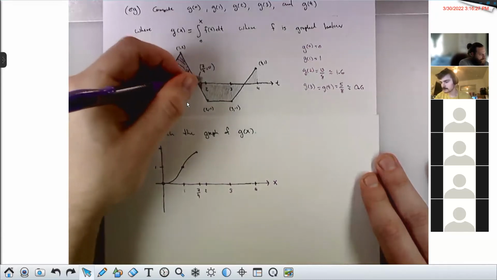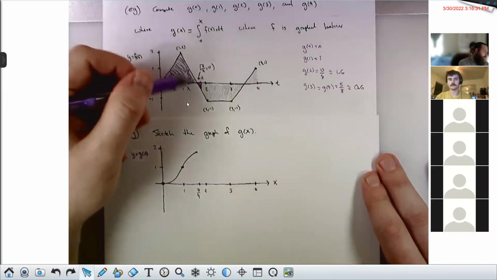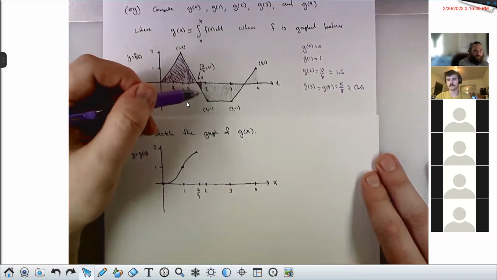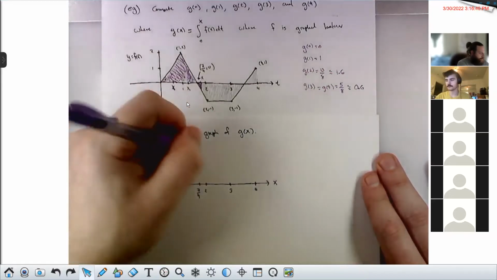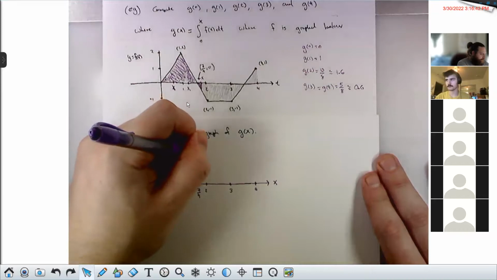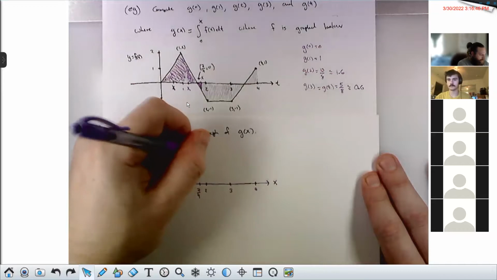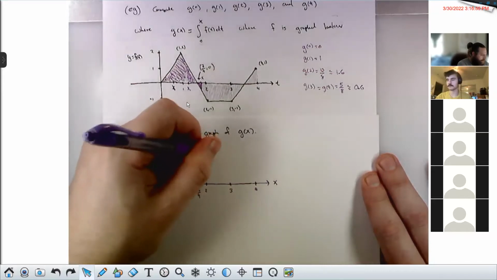So if you imagine x is over here right now, we've totaled up all this area. But now the area we're picking up between here and 2 is negative, which is going to start subtracting from the value of g. So as we go past 7/4, this is going to turn around. And right here at 2, we have a point, 2, 1.6, or 2, 13/8.